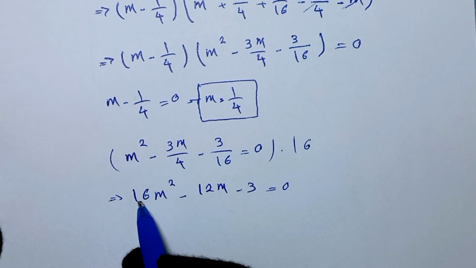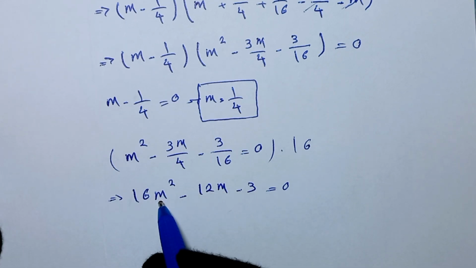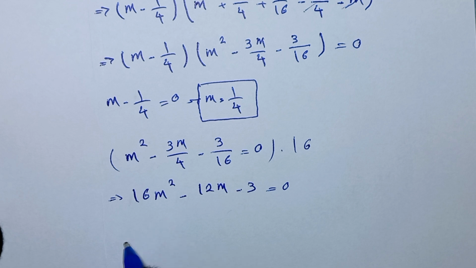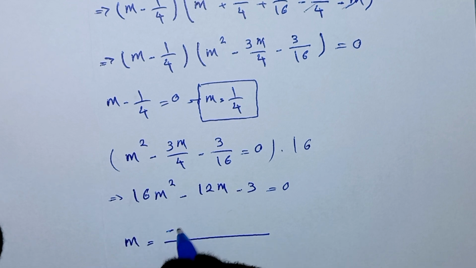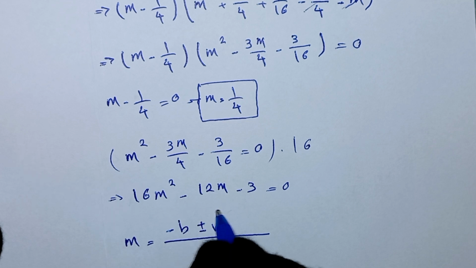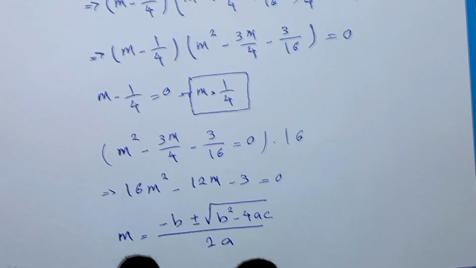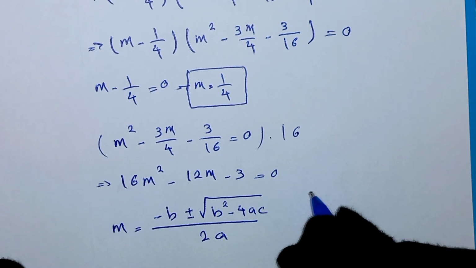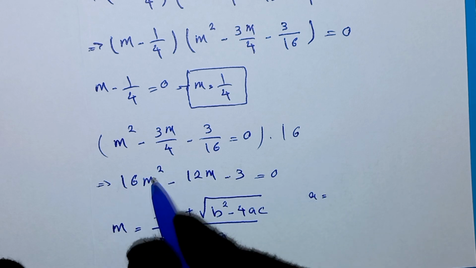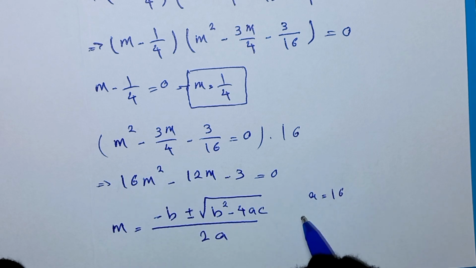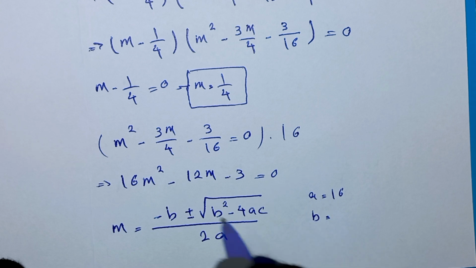And to find the values of m, we can use a quadratic formula, which is m is equal to negative b plus or minus square root of b square minus 4ac over 2a. And from here, a is coefficient of m square is 16, and b is coefficient of m is negative 12, and c is constant is negative 3.